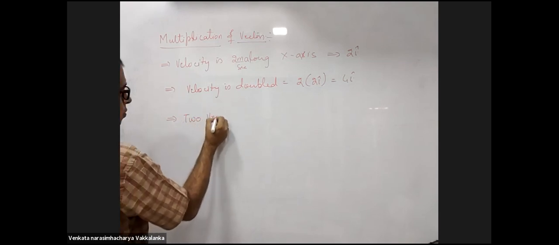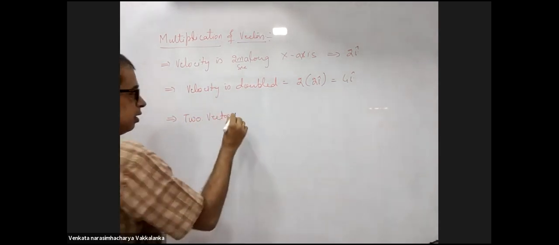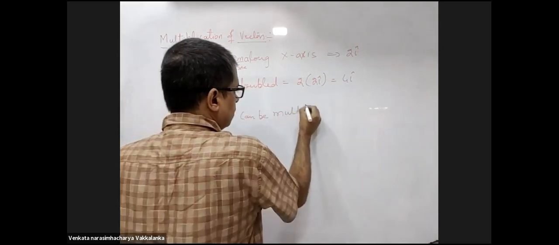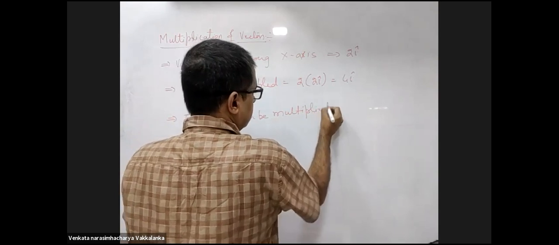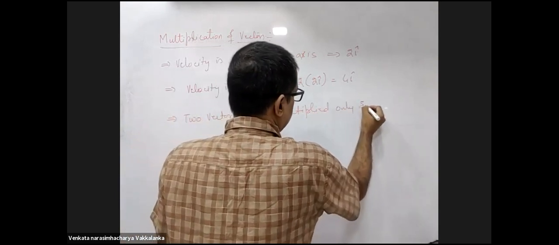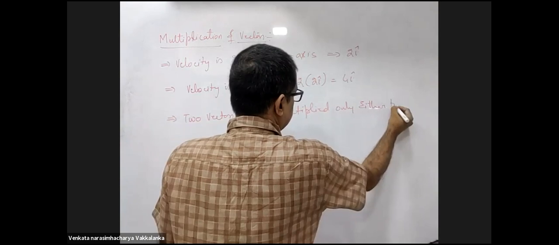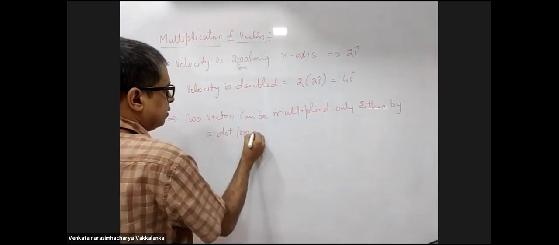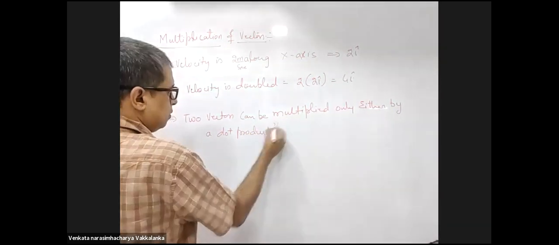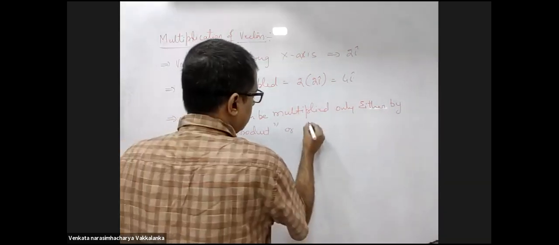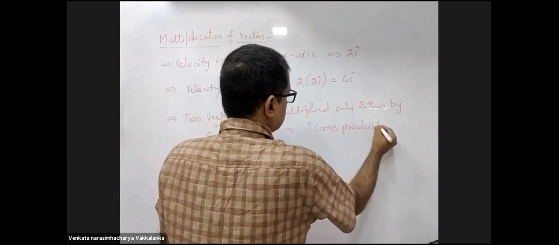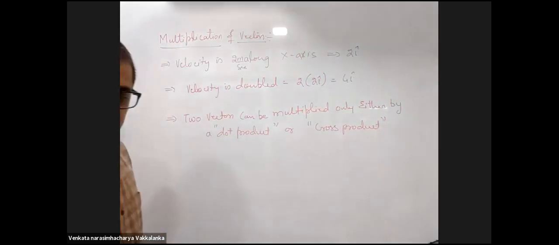Two vectors can be multiplied only either by a dot product or cross product. What do you mean by a dot product?